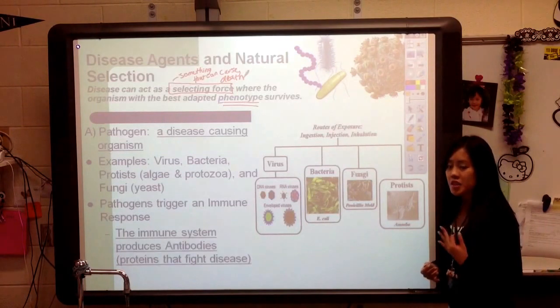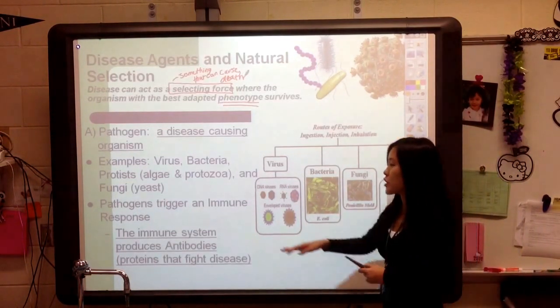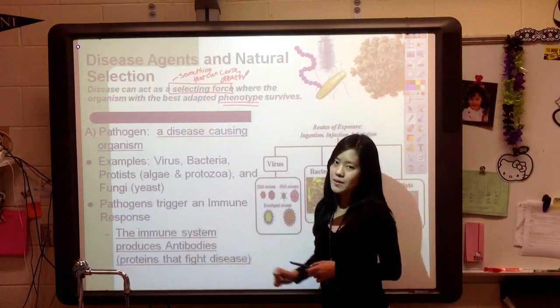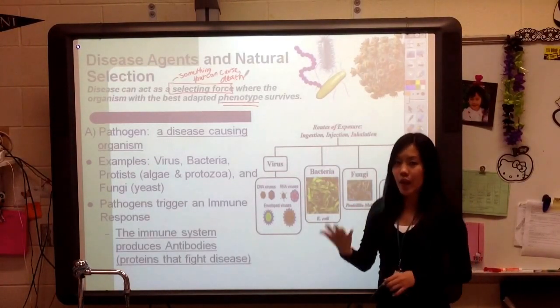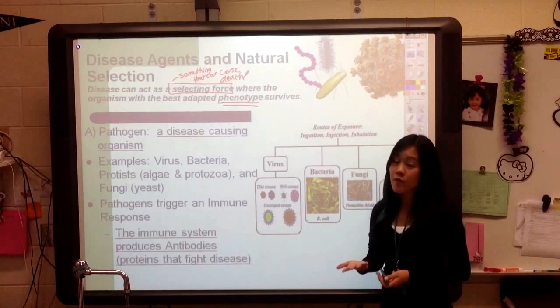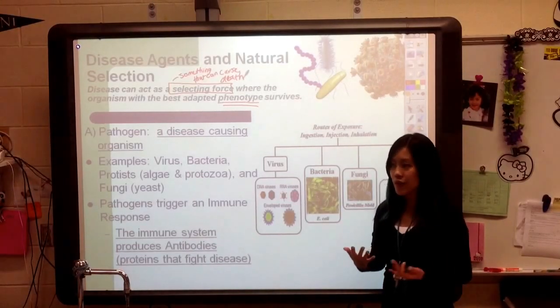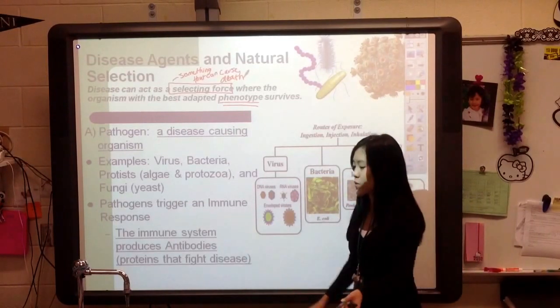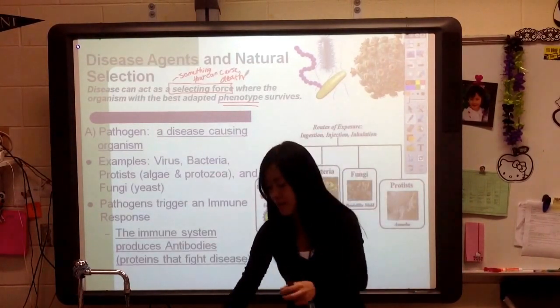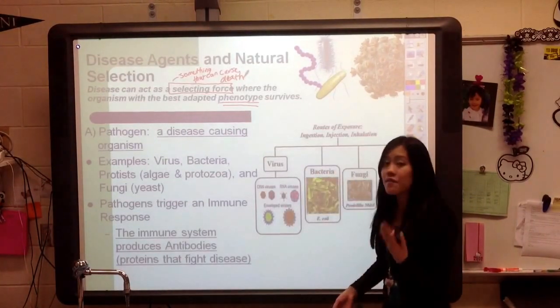But when a pathogen invades your body, it's going to trigger what's known as an immune response. And an immune response is just your body's way of fighting that disease to prevent you from getting sick or preventing your illness from getting worse. So the immune system is going to produce what's known as antibodies to help fight that disease.